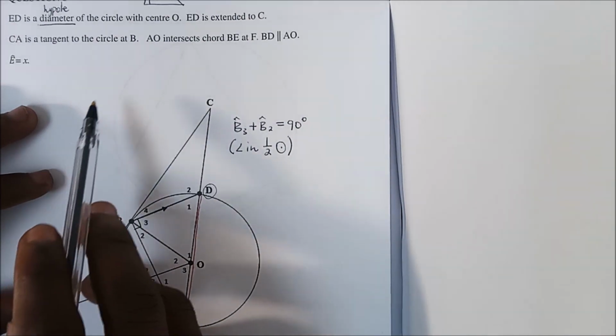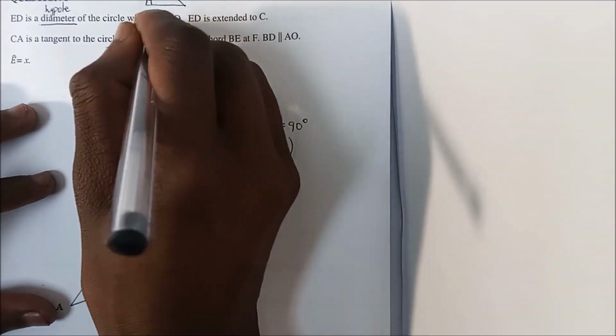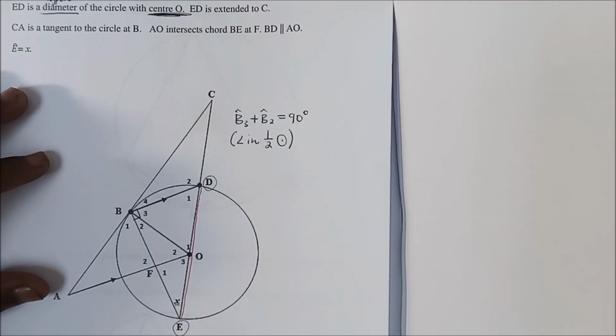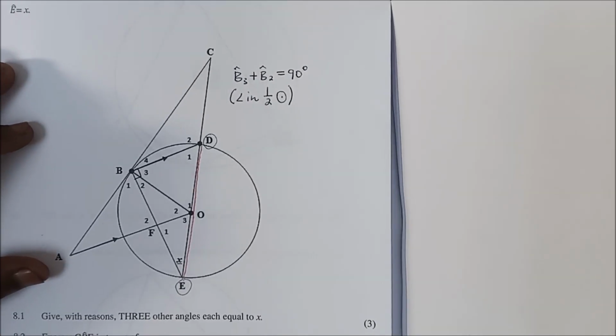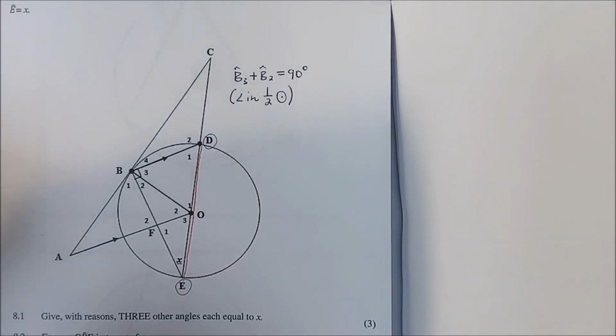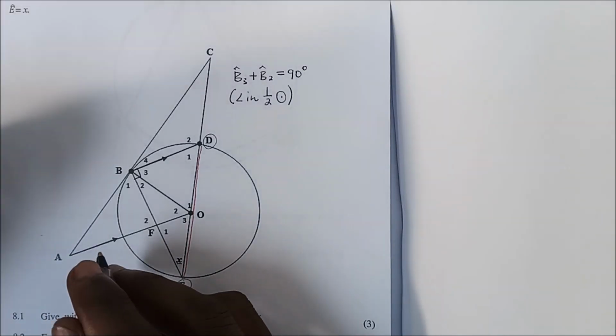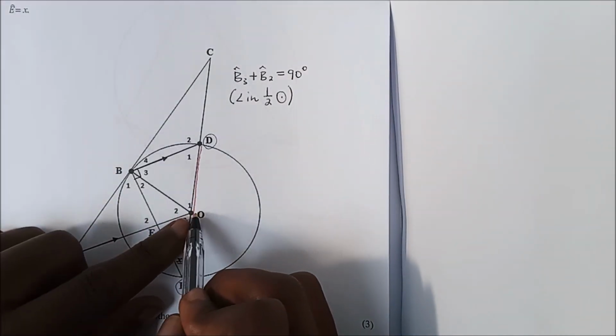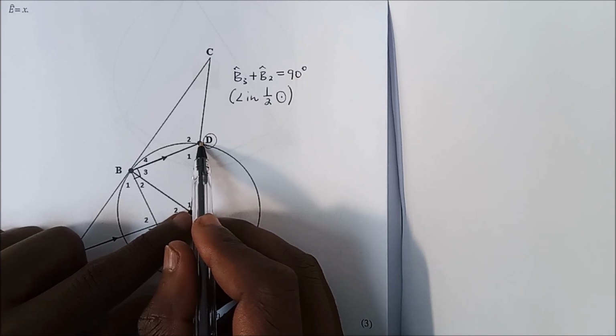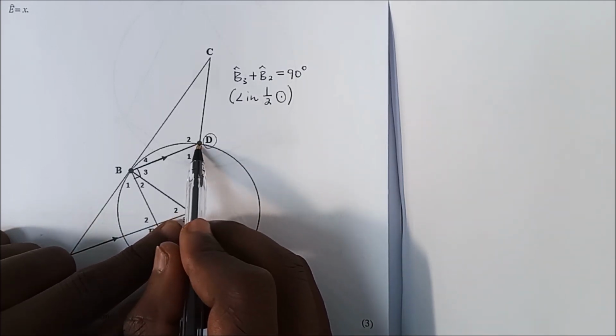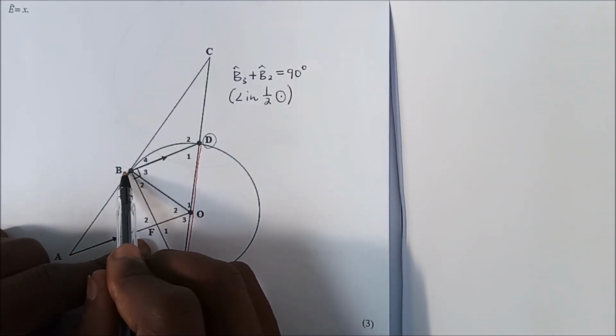So now that's the first part. And they are saying with center O. If you know that you have a center, you need to remember theorems that involve the center, and you also need to remember that if the radii are equal, they form an isosceles triangle. So let's highlight those radii that are equal. Are you aware that OD is a radius and OB is a radius?